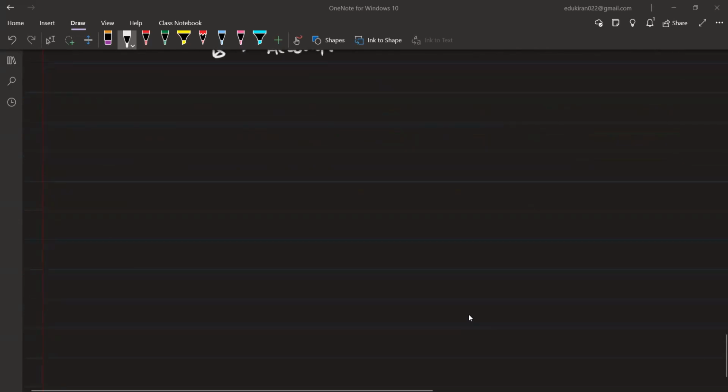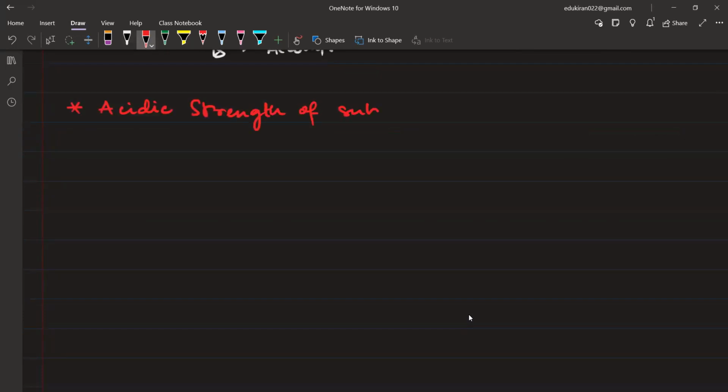Right, next. Now we are going to look into acidic strength of substituted phenols. Number one, please write. When we are going to have substituted phenol, that means there will be some groups added to phenol.